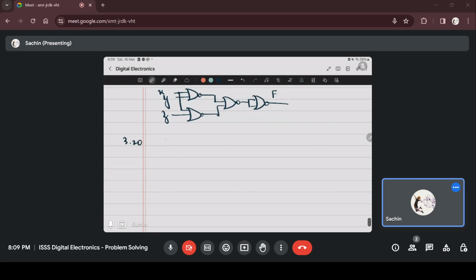Problem 20. Draw the multiple level NOR circuit for the following expression.